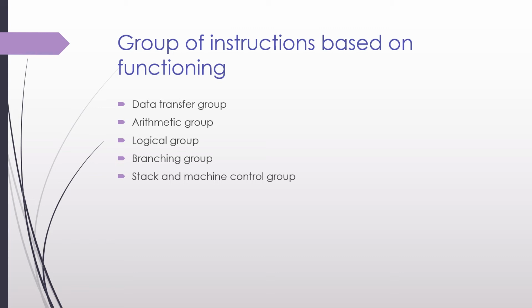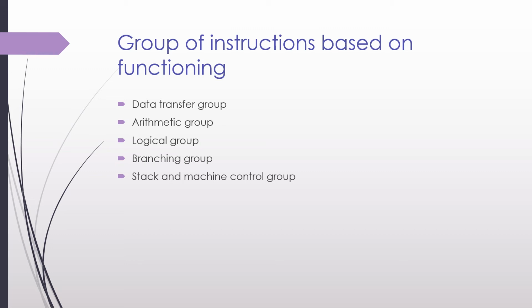Next we have the stack and machine control group. As the name suggests, it is related to the operation of the stack and the controlling of the machine. For example, when I say controlling of the machine, you want to do nothing in the execution of the program, so you have NOP, no operation.